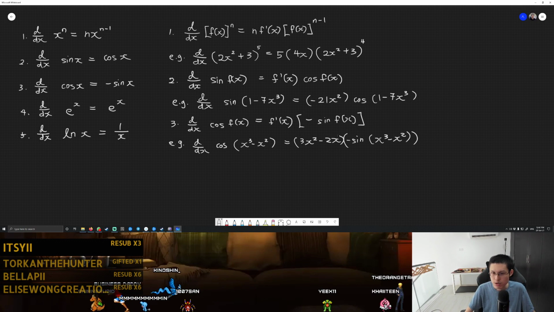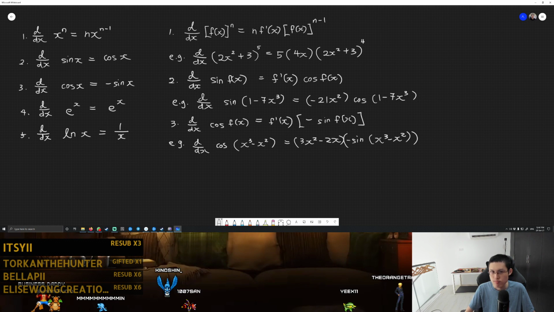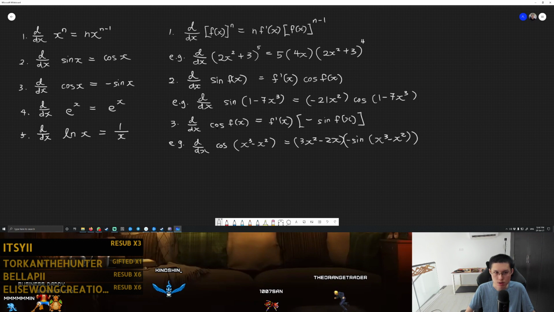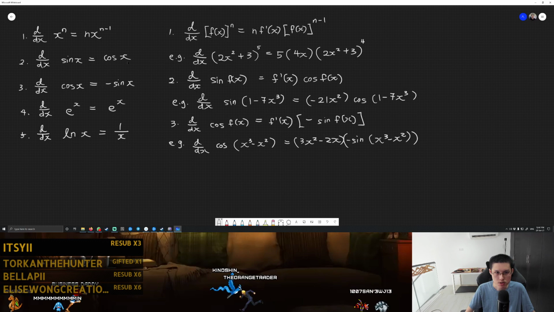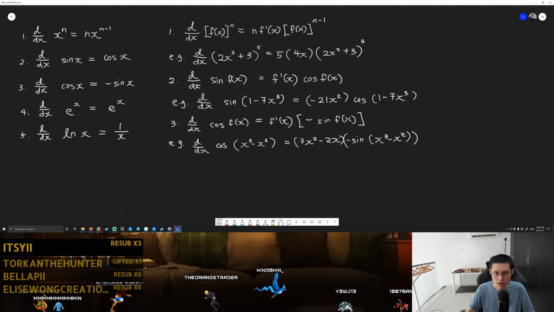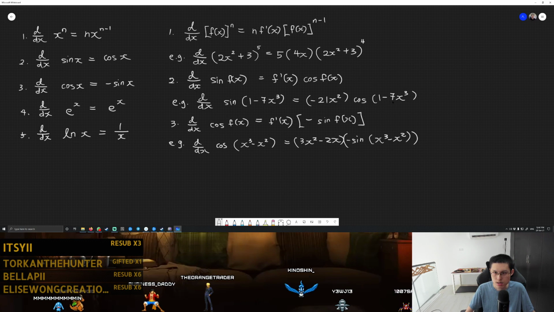So basically you are just differentiating whatever's inside the function, put it out here, and then you differentiate this part normally, and you treat f(x) as the unknown x, essentially. So you can see here, sine x becomes cos x. The only difference is you have to differentiate whatever is inside here and put it out here. Okay?